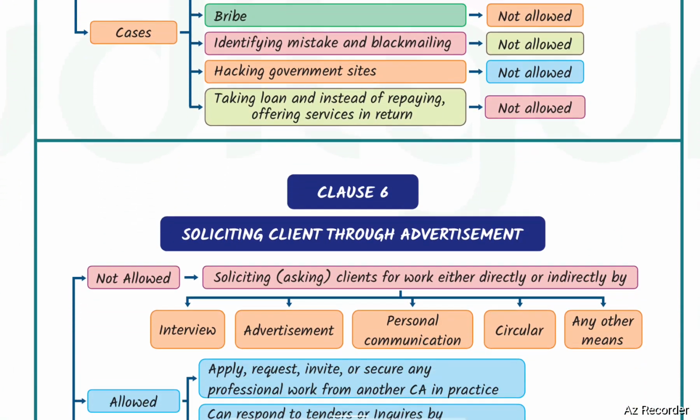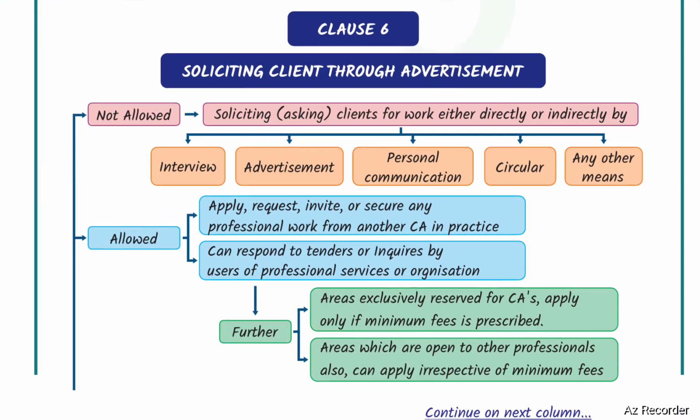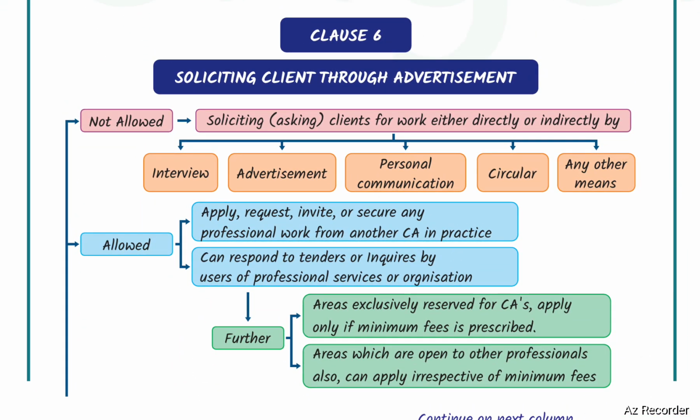Clause number 6, soliciting clients through advertisement, not allowed. Soliciting means asking clients for work either directly or indirectly by interview, advertisement, personal communication, circular, any other means; these are not allowed. Allowed: apply, request, invite, or secure any professional work from another CA in practice, and can respond to tenders or inquiries by users of professional services or organization.